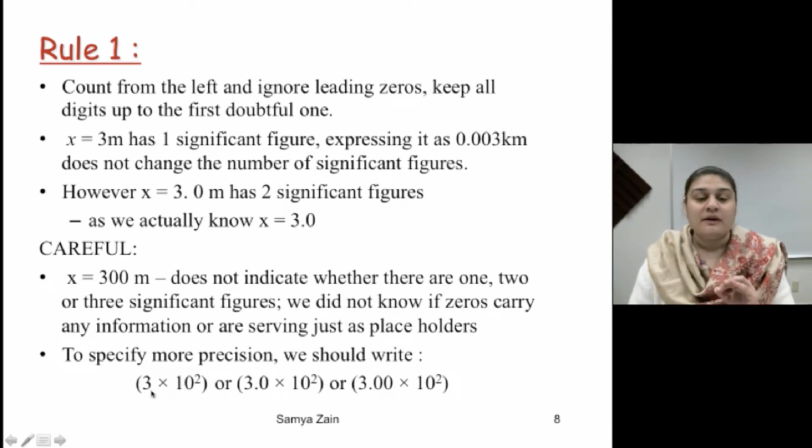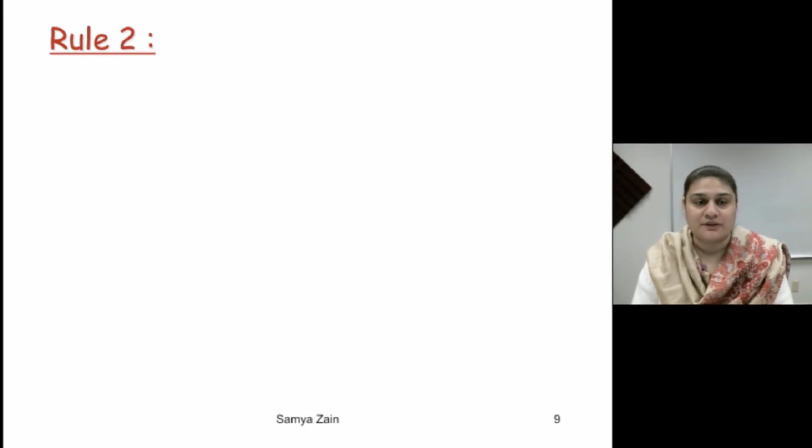For example, 3 times 10 to the power 2 means that we only know that 3 is significant. 3.0 implies that we know the first digit is 3 and the next is 0. Or 3.00 implies that it now has 3 significant figures because we actually know the value of 3.00. So just be very careful when you are solving for this.